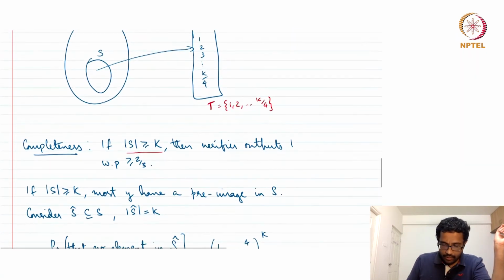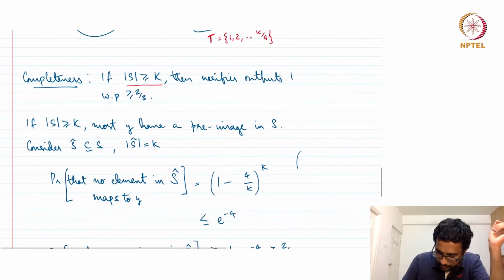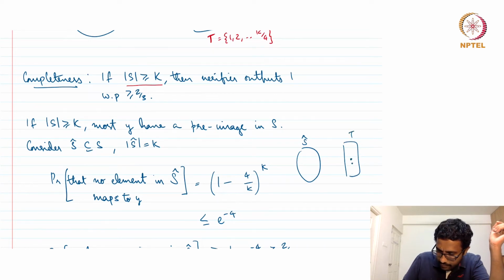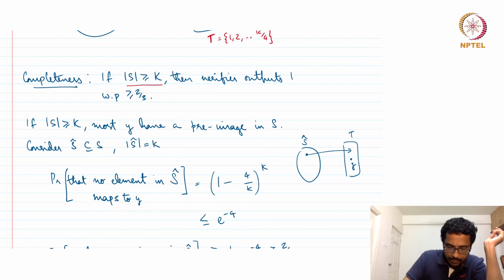Okay. So S hat is of size exactly K, and here we have T and there is a certain Y. So what is the probability that an arbitrary element misses Y?